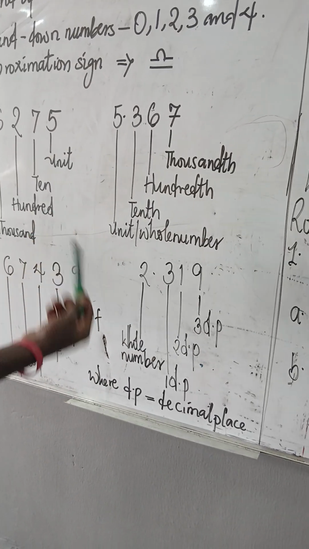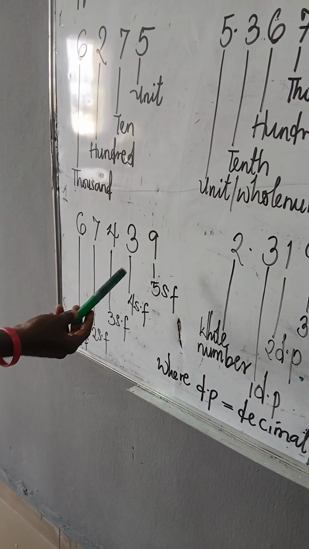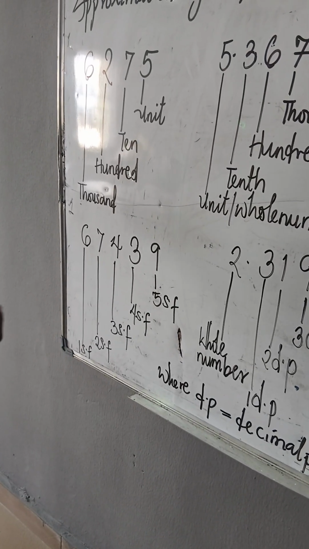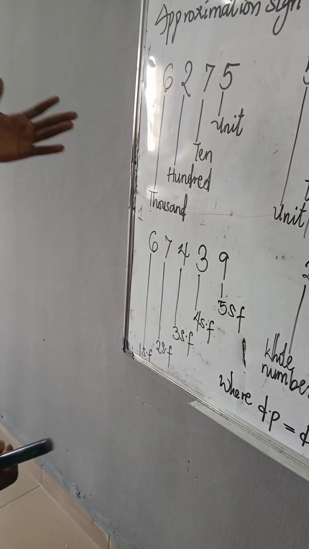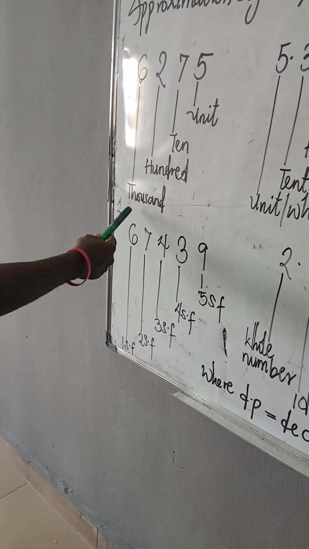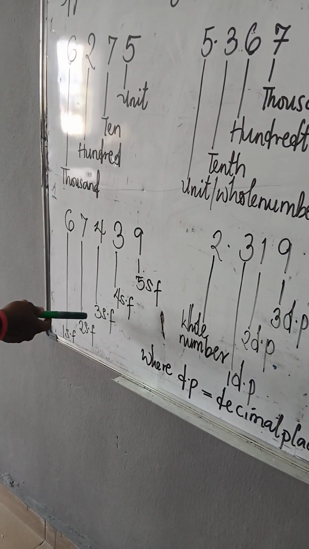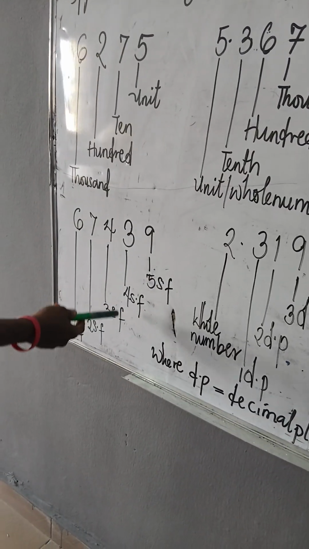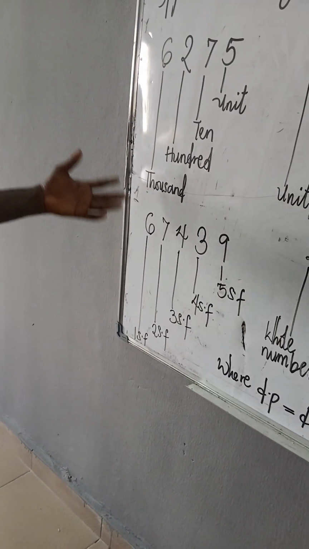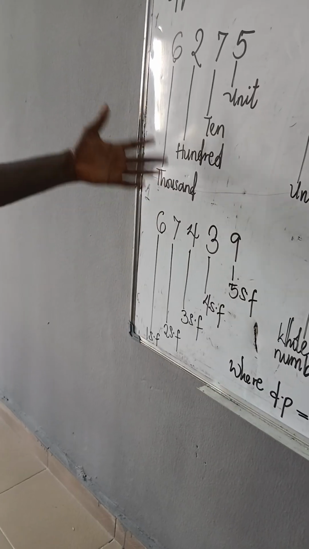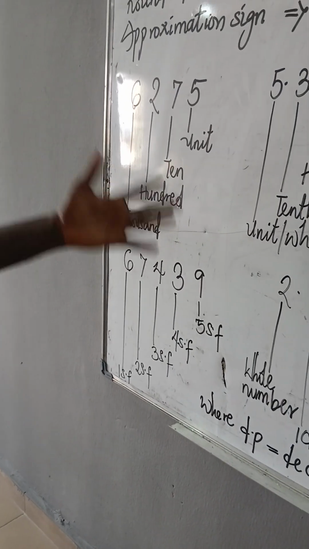Then with respect to significant figures, when arranging values in terms of significant figures, you begin from your left-hand side, from the left to the right-hand side.